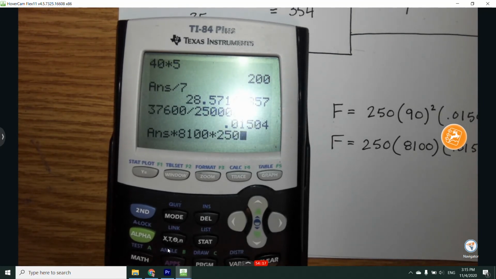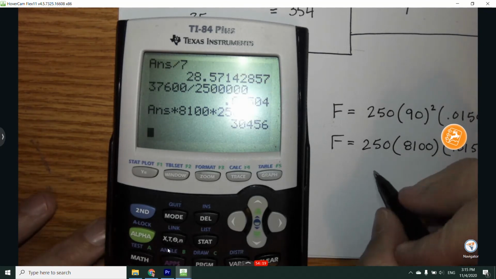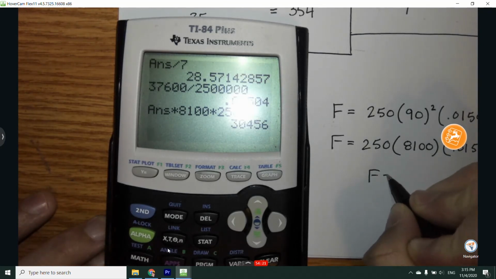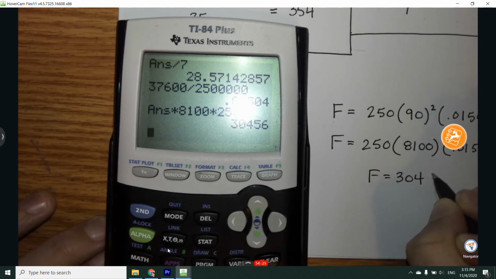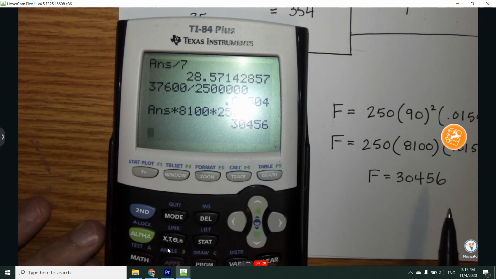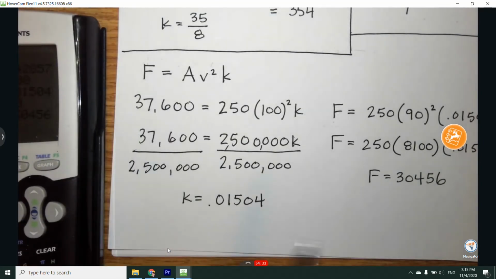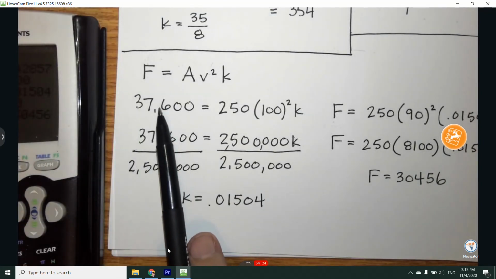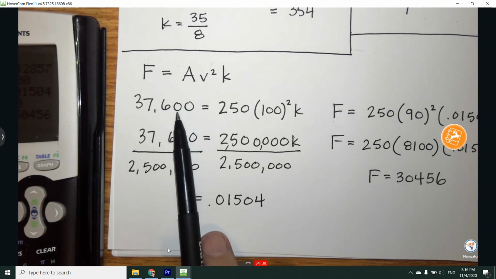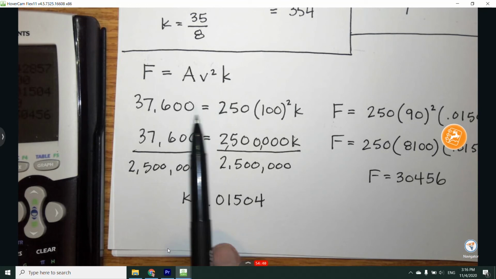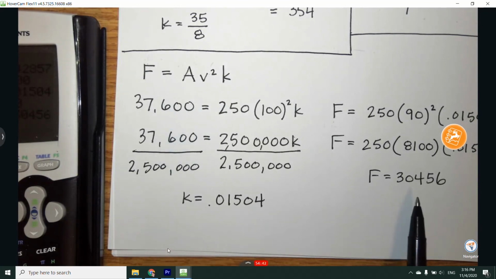Just do it backwards. And so our force is now 30,456. Now, this 90 miles an hour meant our plane slowed down, so this should have decreased, and it sure did, because if we're slowing down, it decreases the force on our wings. So this is what we're looking for: 30,456.